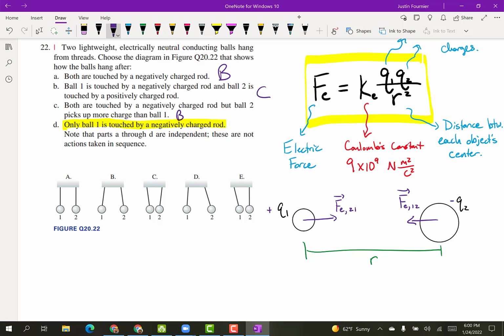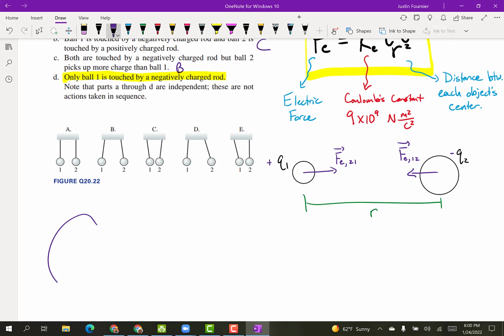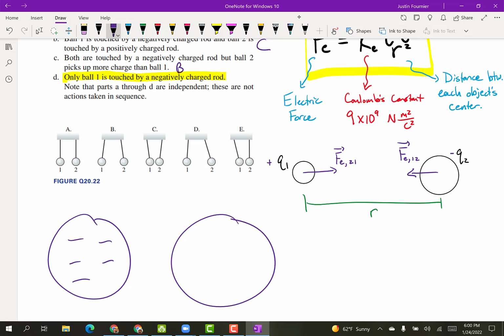Only ball 1 is touched, so ball 1 is going to be negatively charged. I'll draw it down here. This neutral object is going to polarize. The electrons are going to be repelled, leaving positive charges over here.